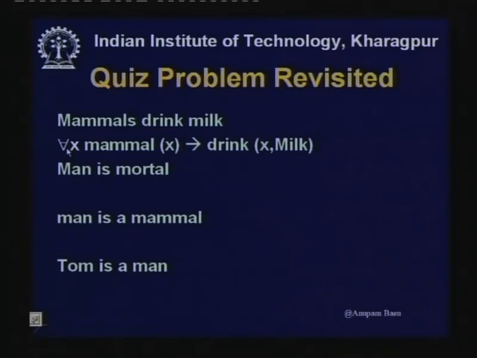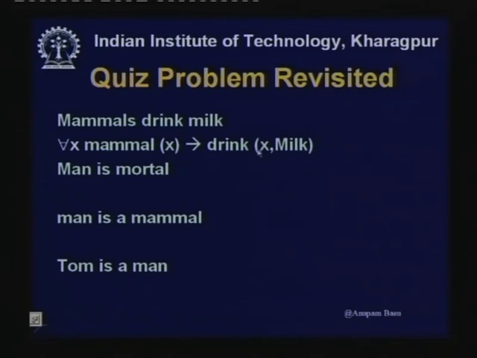Now, I know predicate calculus, so why should I do that sort of adjustment? I can write for all x, mammal x implies drink x milk. Note here, milk is a constant object. Among all the food, milk is one. X is a variable. So, for all x, if x is a mammal, I take one animal and see whether that is a mammal.